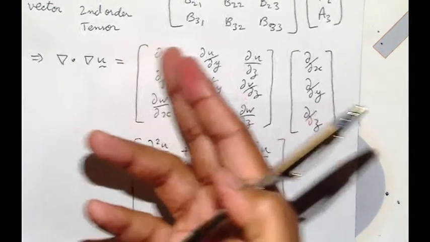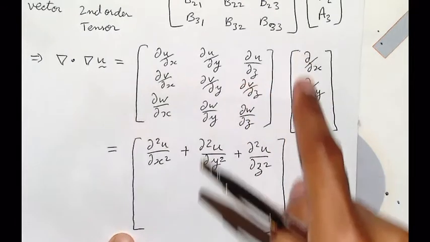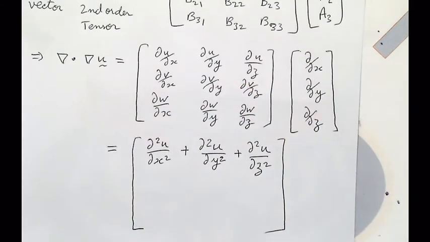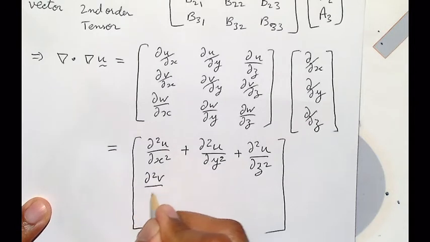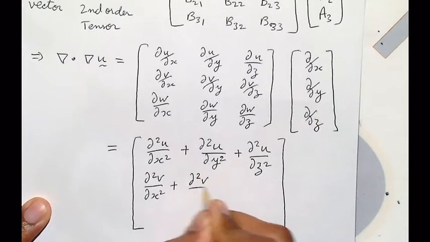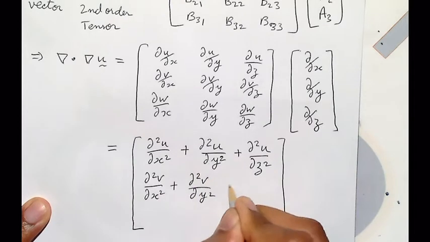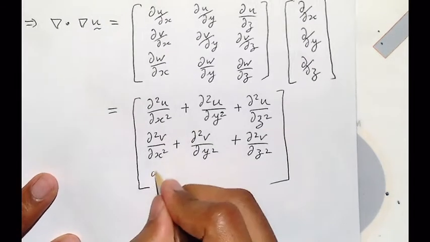So that's basically first row times the column. Next thing to do is second row times the column, and that's the answer that you guys were giving. So the second one becomes del 2 v over del x squared plus del 2 v over del y squared, and so on, and the last one is the same.